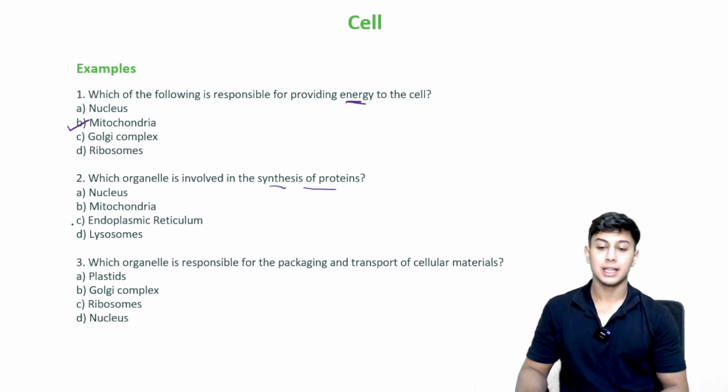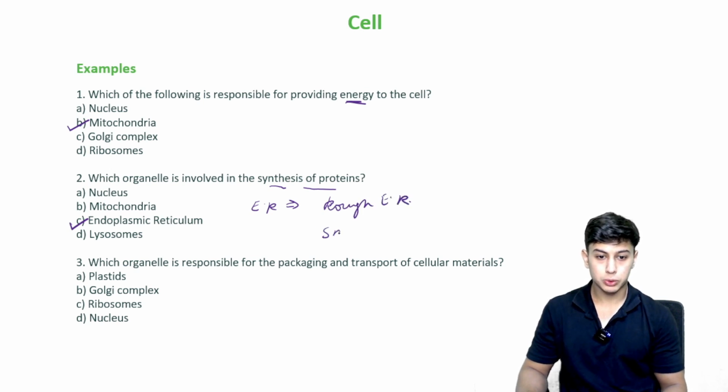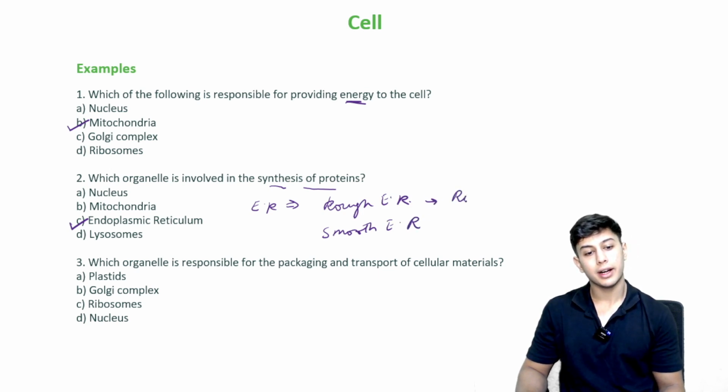No. Is it endoplasmic reticulum? Yes, ER. There were two types of endoplasmic reticulum, rough ER and smooth ER. What was the difference? Rough ER had ribosomes on its surface. Smooth ER, no ribosomes.